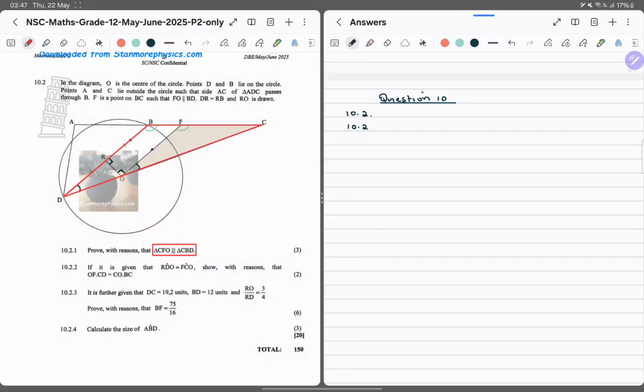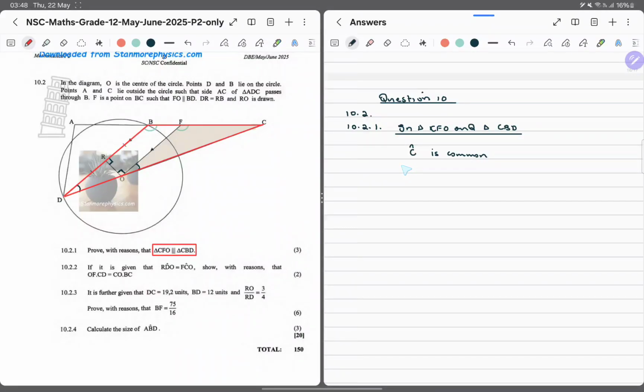So we've got 10.2.1. We understand that we're dealing with triangle CFO and triangle CBD. So for these two, we know that angle C is common to both.